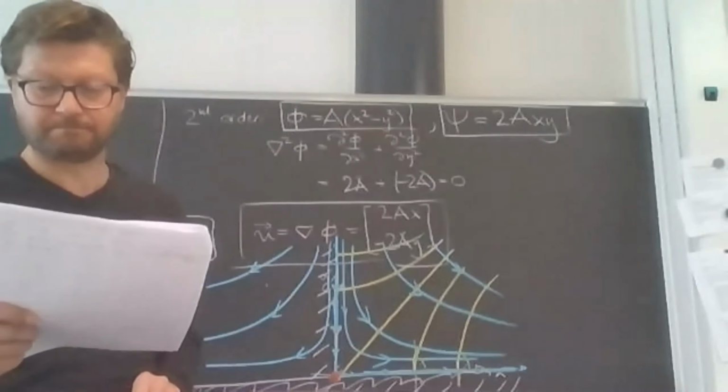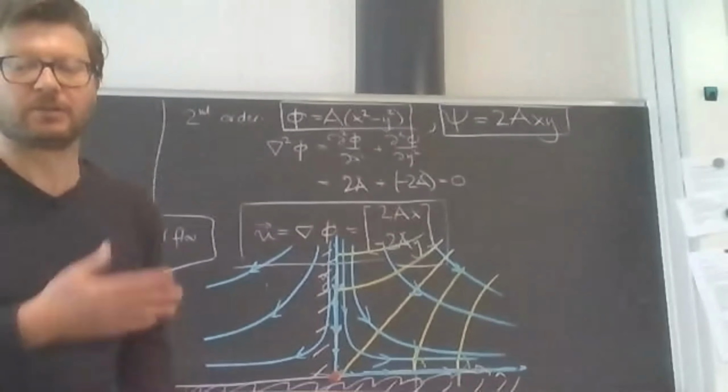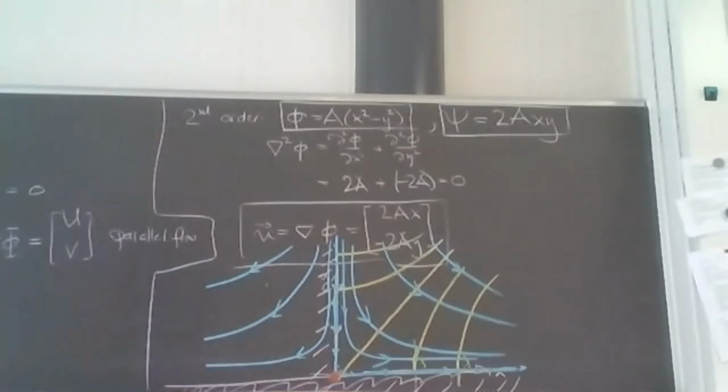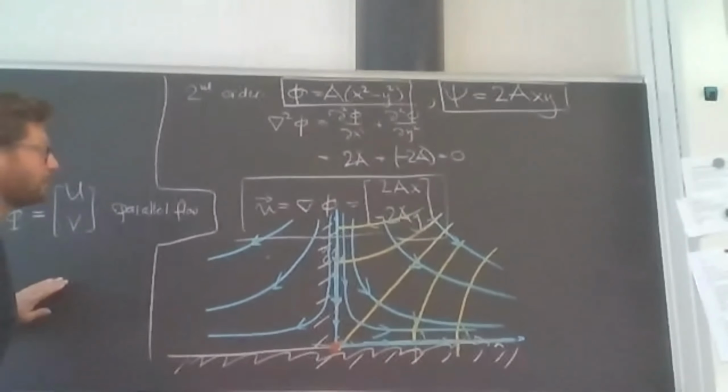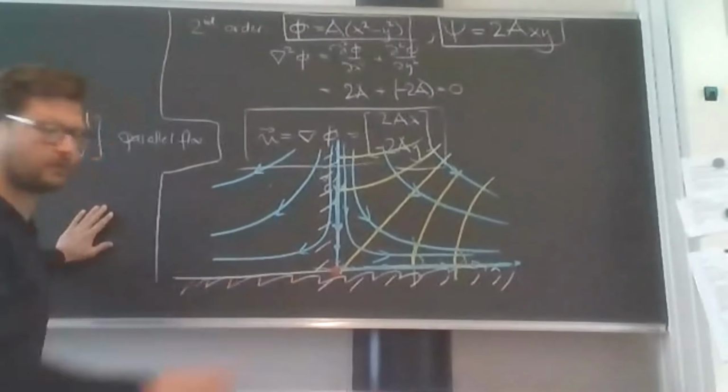Okay, that's quite nice. What else can we do? So we have filled this blackboard. Parallel flow on the left, stagnation point flow. Maybe let me write that down.